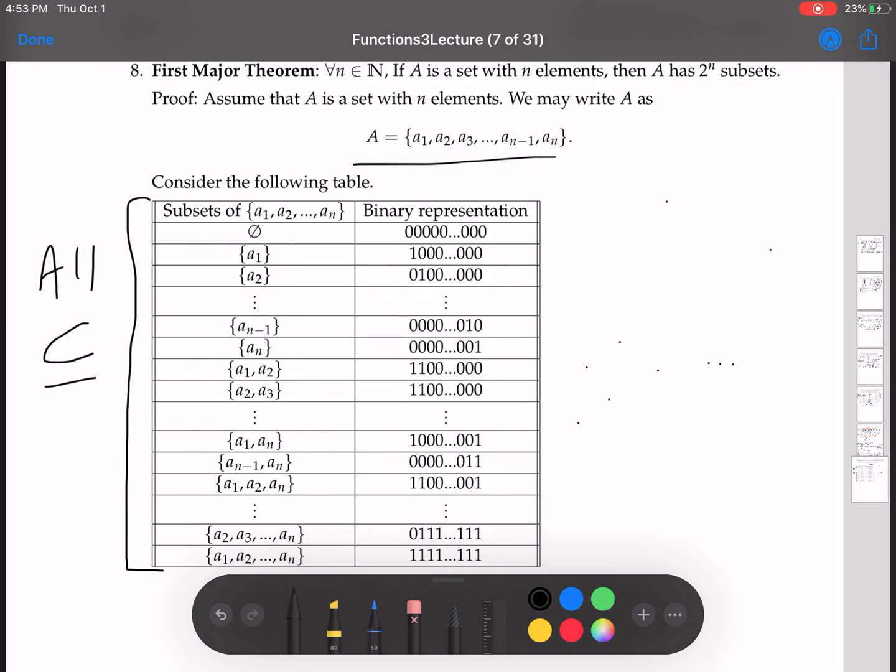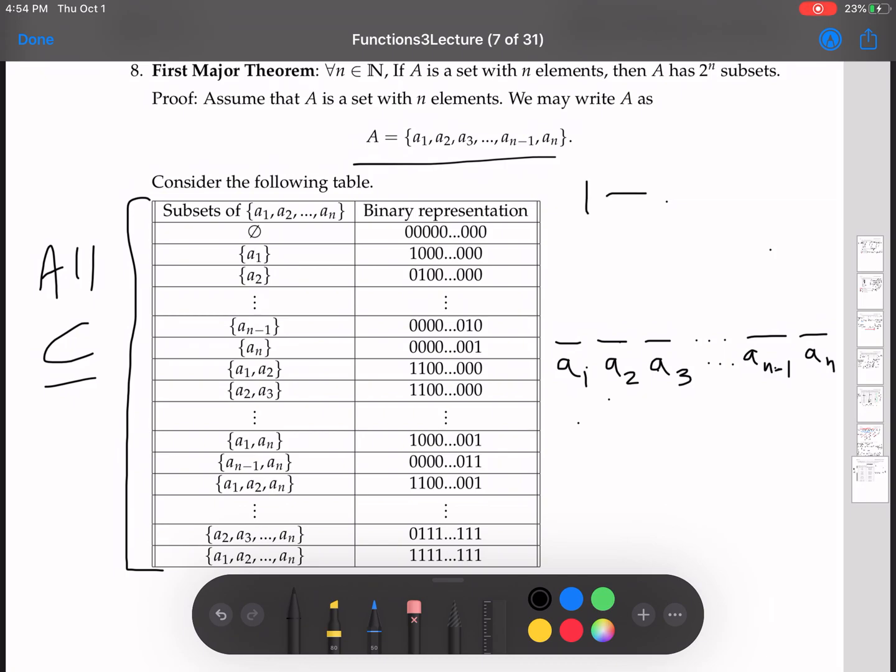But let me, to jog your memory, do it again. Let's see, we have A1, A2, A3, AN minus 1, and AN.